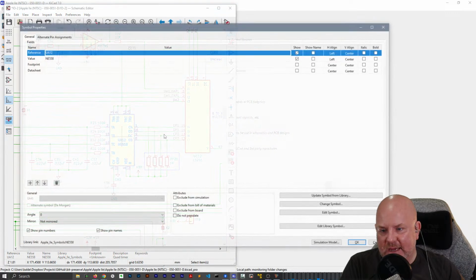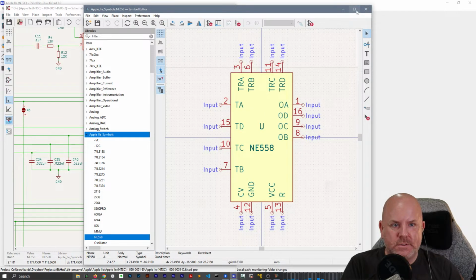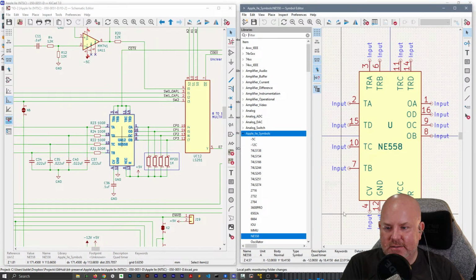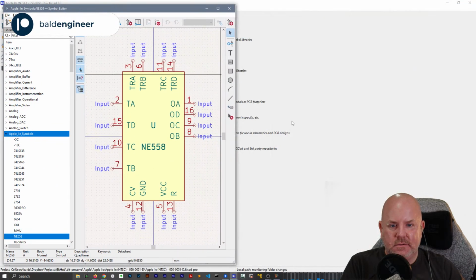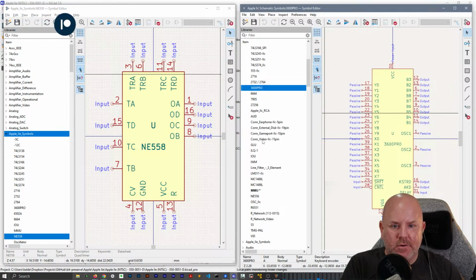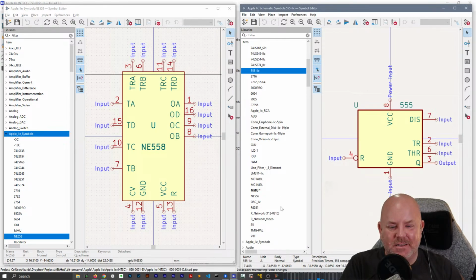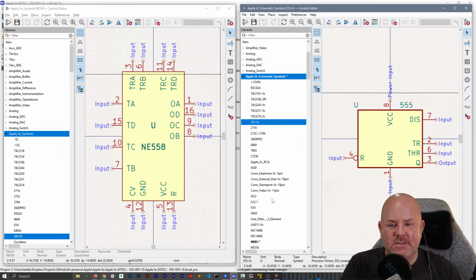The 558 is the four timer version of the 555, which you cannot buy anymore. So sad. So sad. All right. Let's see. I probably already figured these out. Huh, no. Are you kidding me? Oh, no way. It doesn't use a 558?